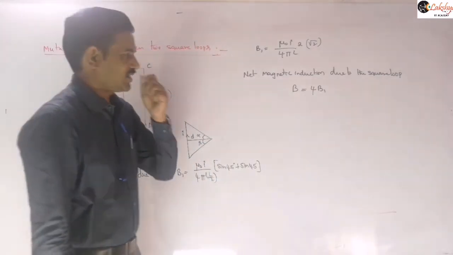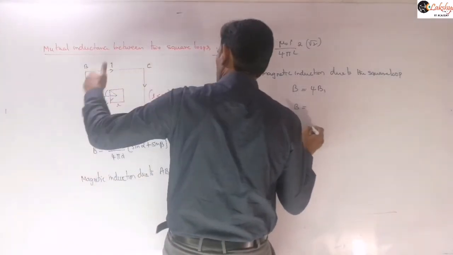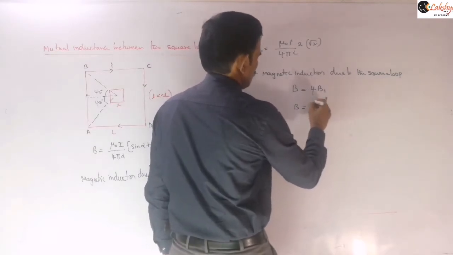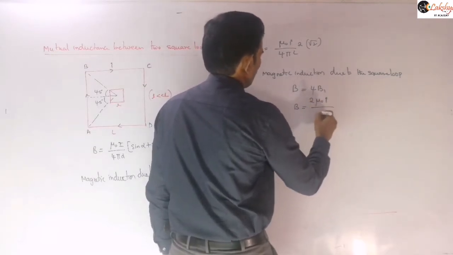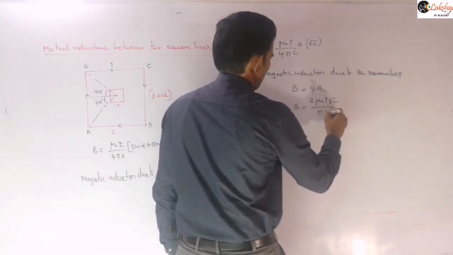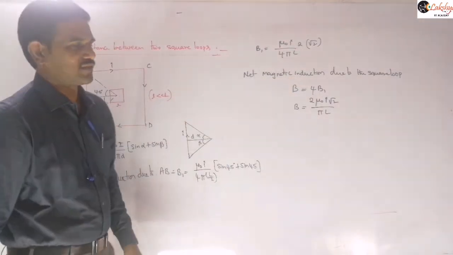That gives the total magnetic induction, because the 4 sides will contribute equally. And so therefore we can write 2 mu naught I by 2 root 2 pi L. Here this 4 I am cancelling.